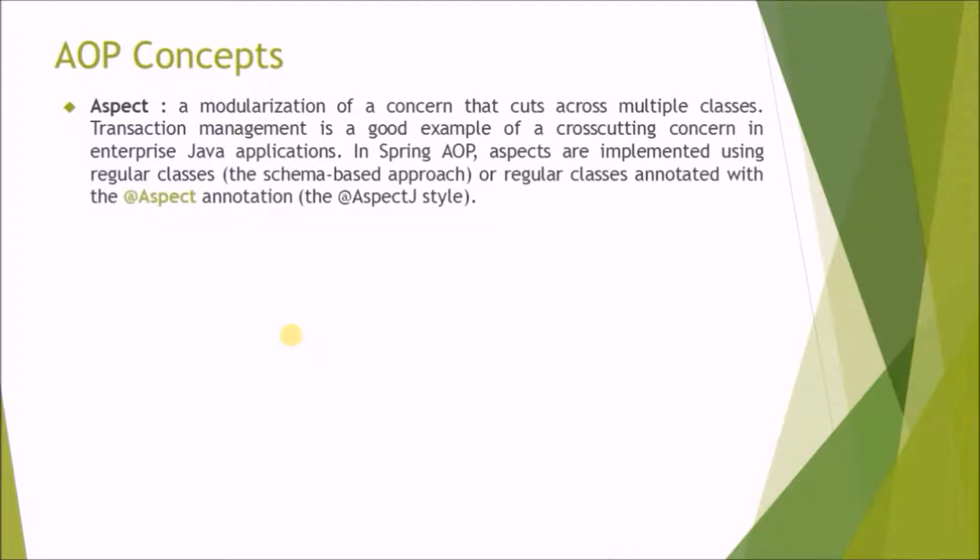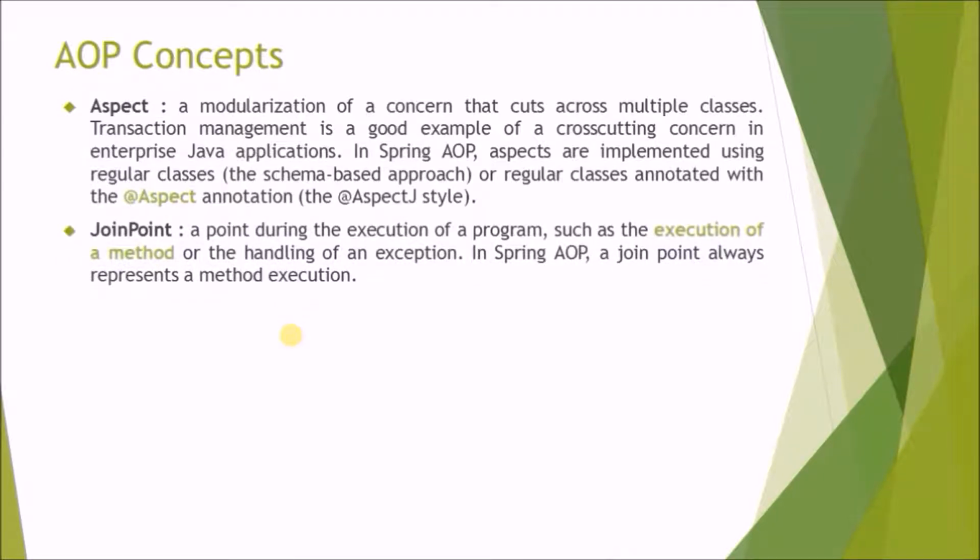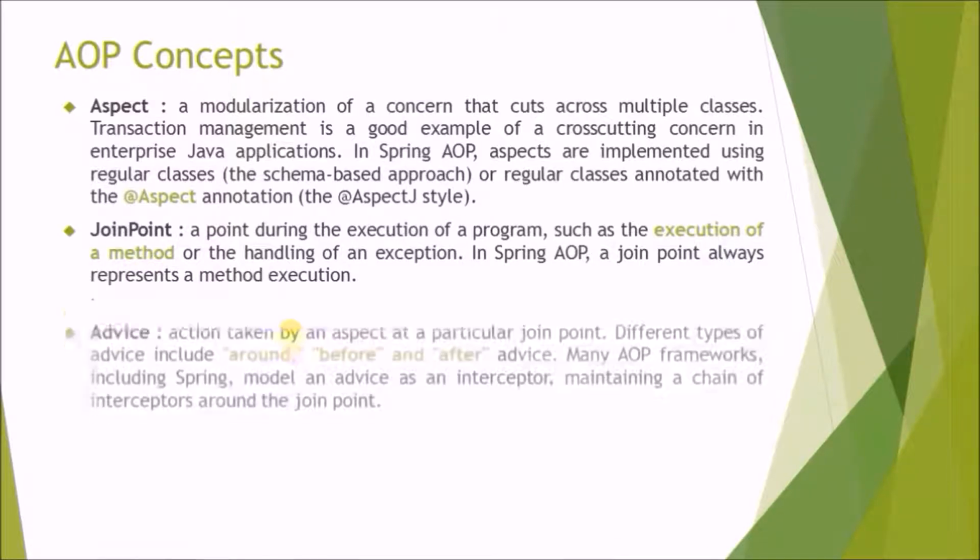In Spring AOP, aspects are implemented using regular classes, the schema-based approach, or regular classes annotated with the @Aspect annotation, the @AspectJ style. Join point: a point during the execution of a program, such as the execution of a method or the handling of an exception. In Spring AOP, a join point always represents a method execution.